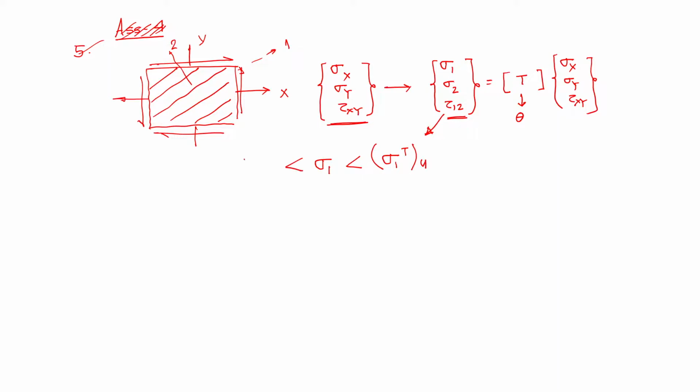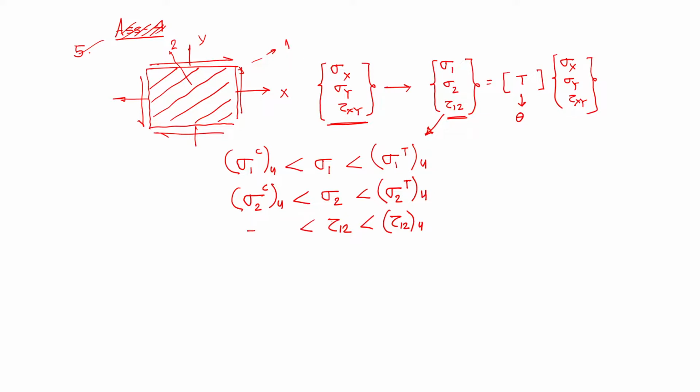If it is negative, it has to be compared with sigma 1 Cu. Then sigma 2, if it is positive, has to be compared with the corresponding strength, that means sigma 2 Tu. If it is negative, it has to be compared to sigma 2 Cu. Similarly, tau 12 should be compared with the corresponding in-plane shear strength.